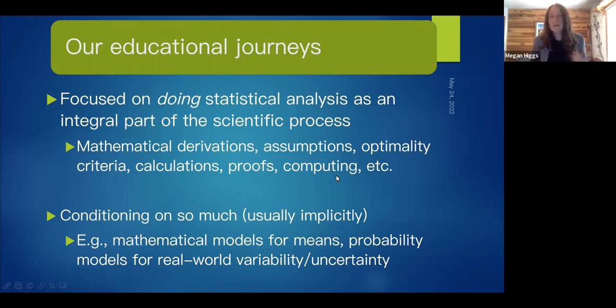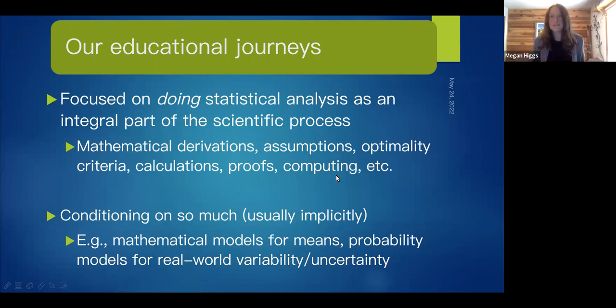We focus on mathematical derivations, assumptions, optimality criteria, proofs, and a lot of computing, more and more computing. There's little recognition that we're conditioning on so much even to get to the point where we start doing the stuff that we spend a lot of time on.